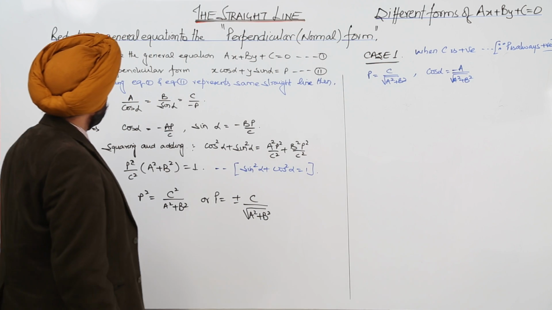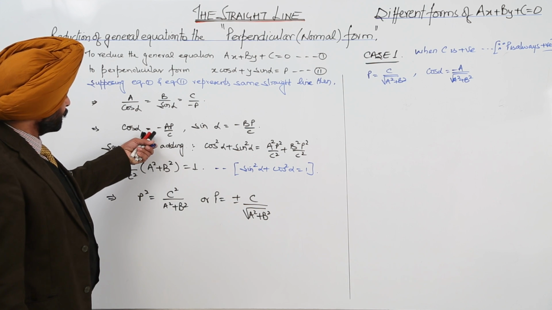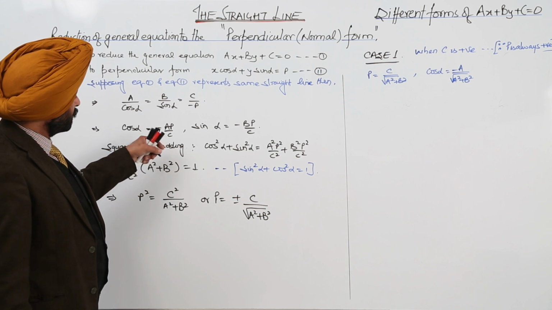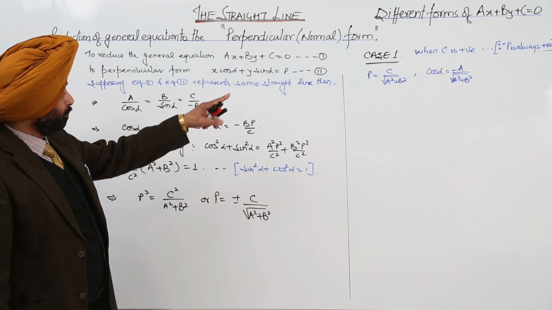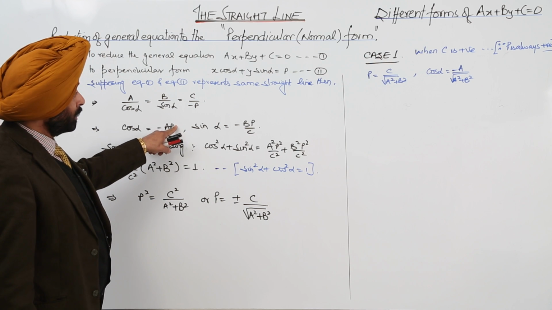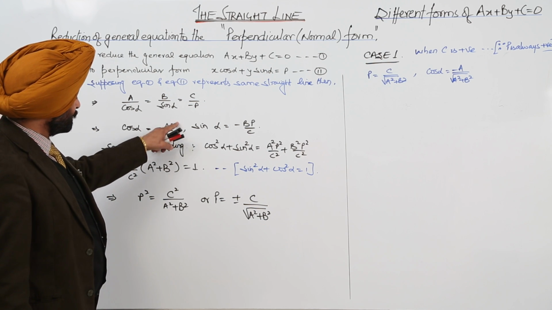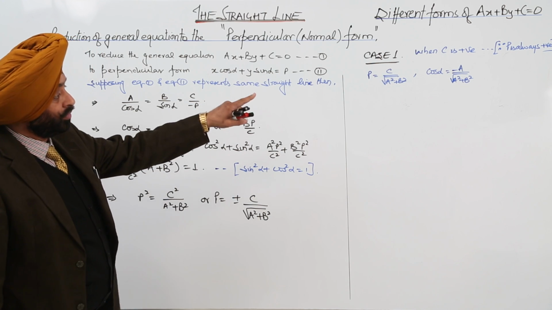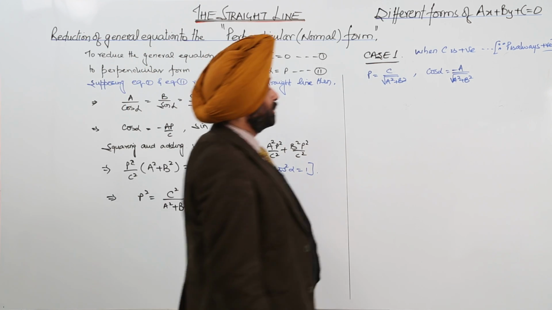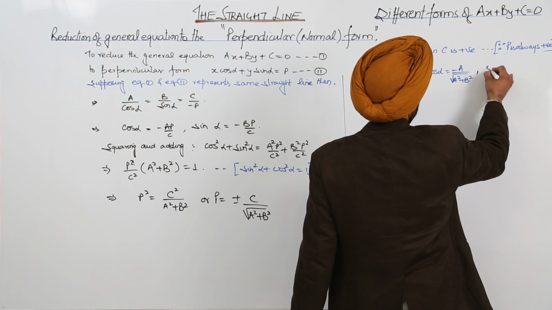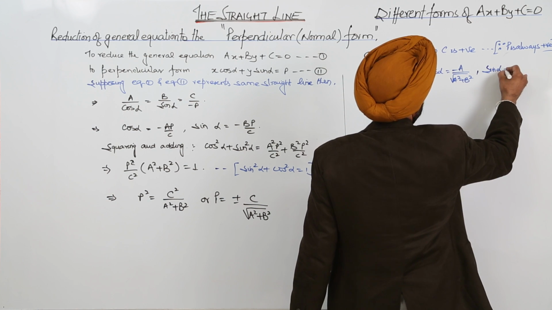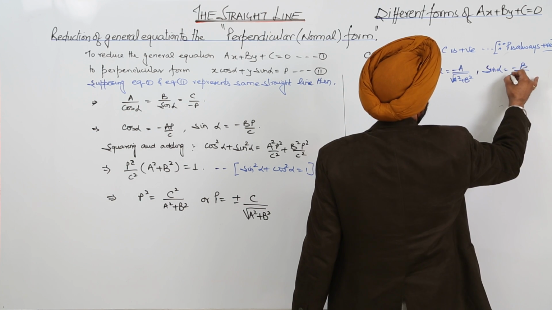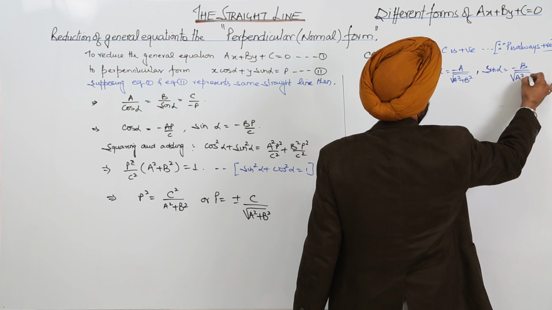Now cos alpha, here it was negative of ap upon c. In place of p, now we have put c upon under the root a square plus b square, then c and c cancel and we are left with negative of a upon under the root a square plus b square, and sin alpha is equal to negative of b upon square root of a square plus b square.